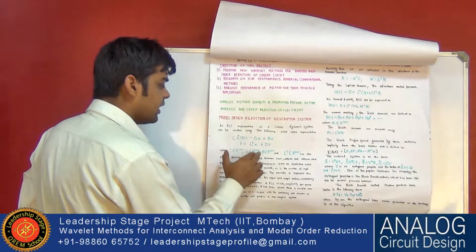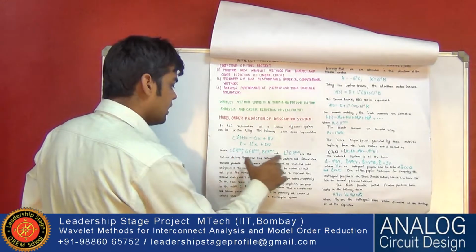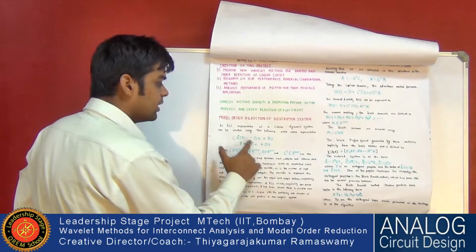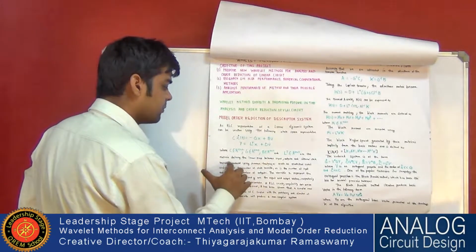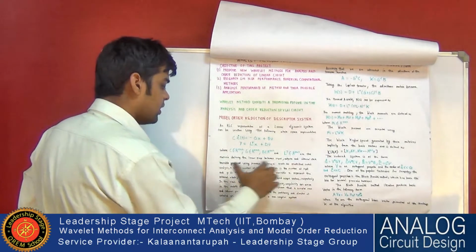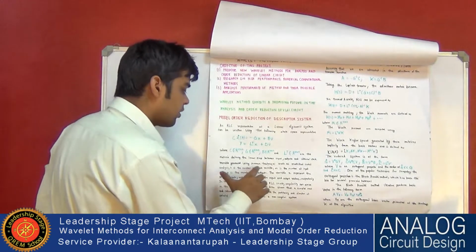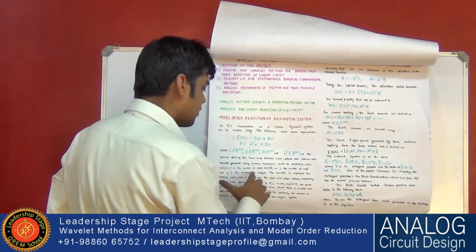These C, G, B and L transpose are the matrices defined as a linear map between input, output, and the state variables using common techniques in modified nodal analysis. And n is the number of state variables, m is the number of inputs, and p is the number of outputs.